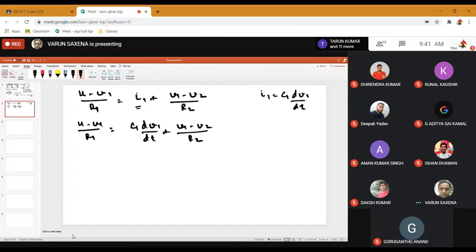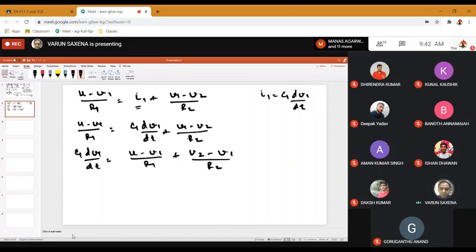So you can just take things on one side, and this becomes V1 by R1 plus V2 minus V1 by R2. I just took it to this side and interchanged the signs.